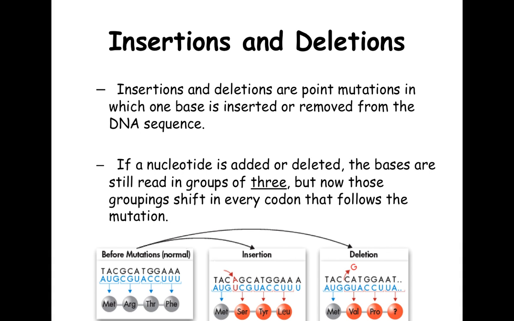Insertions and deletions we kind of talk about together because they're basically opposites of each other. So they are point mutations where we either insert an extra base or we remove a base from the DNA sequence. So if we add it or delete it, we still read these in groups of 3. But those groupings now shift so that every codon that follows the mutation is basically one off.